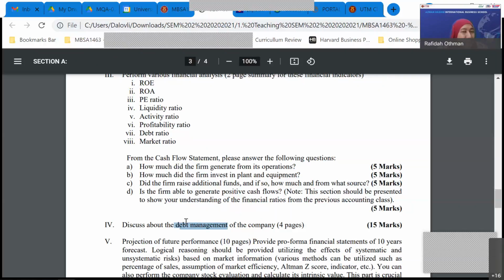What happened to the current liability? They should have current liability. When you are talking about current liability, now you are talking about spontaneous financing, or maybe they have temporary financing. So that could be some of the debt which the company is managing. So you have to look into the company's financial statement, annual report. Okay, so look into this area.